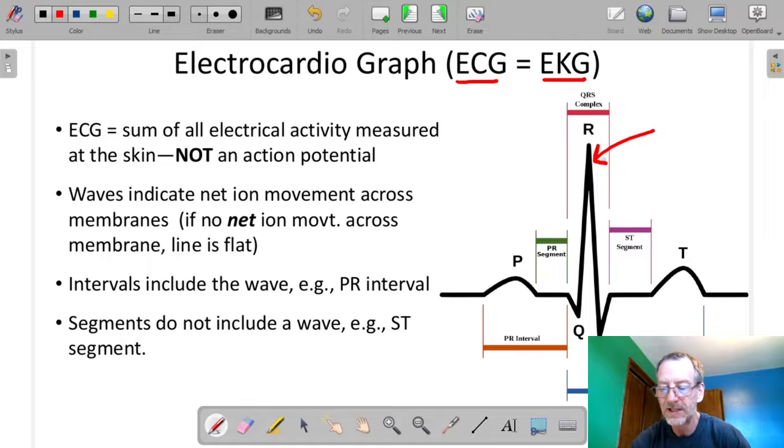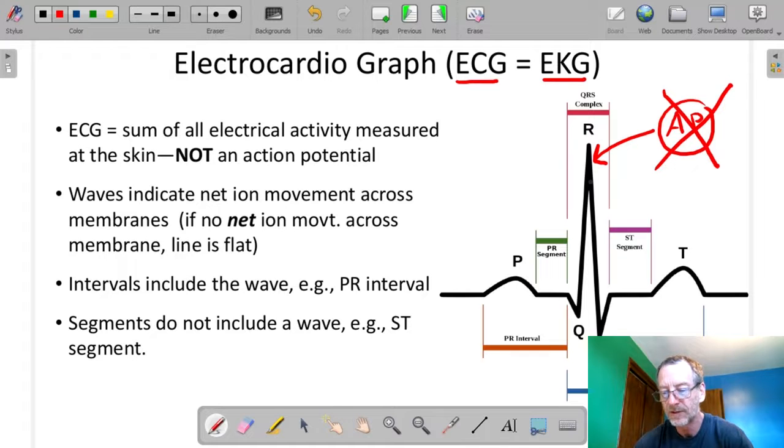And what you need to appreciate in interpreting and understanding ECGs is that that is not an action potential. It is not. So don't think that. Actually, what that spike represents is all of the electrical activity that reaches the surface of the skin. Because when you do an EKG, you put little electrodes on the surface of the skin around the body, and those electrodes pick up electrical current that reaches the surface of the skin.